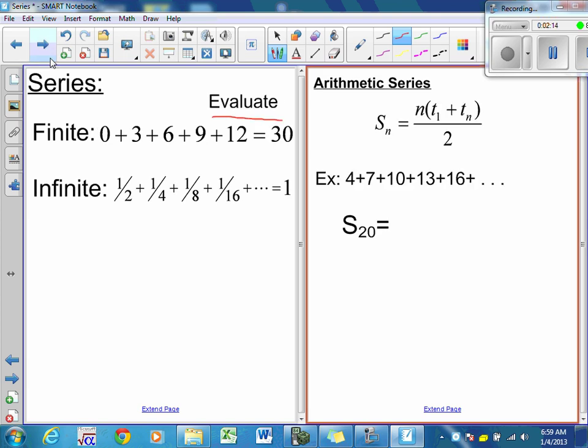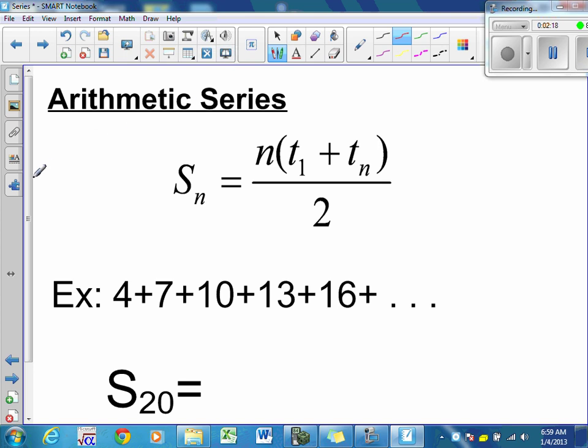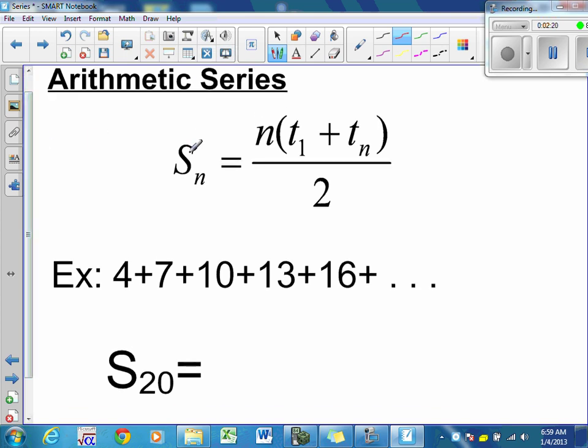Now, how do we add them up? Well, if we have an arithmetic series, we're going to have this formula. S sub n means the sum of the first n terms. So S sub n is the sum of the first n terms.